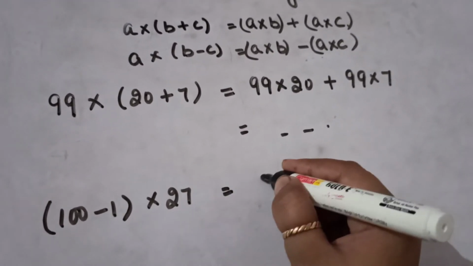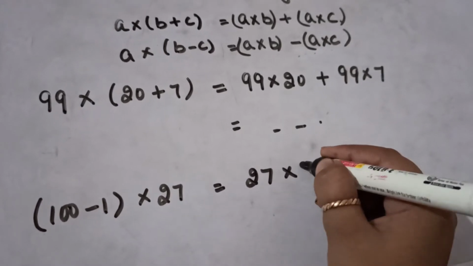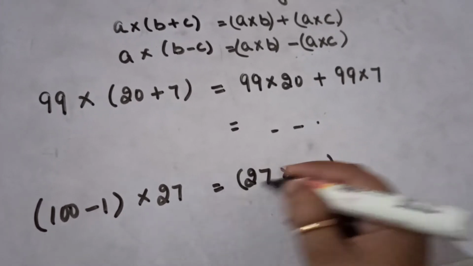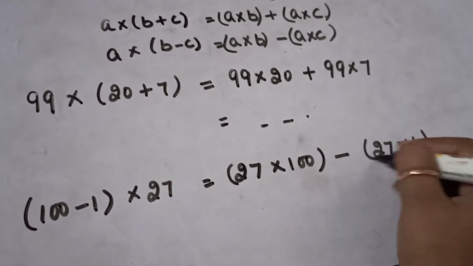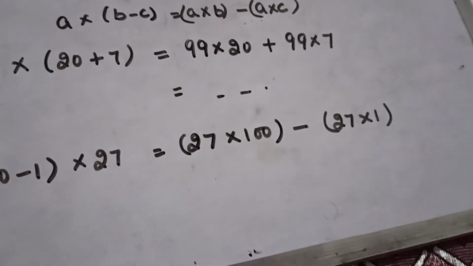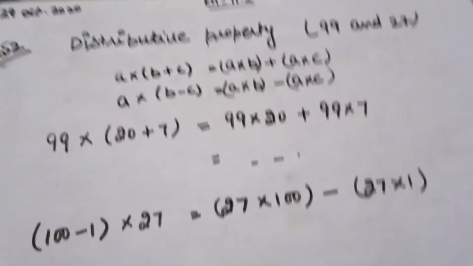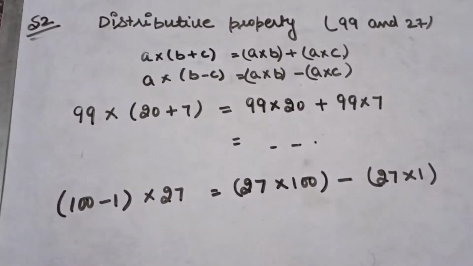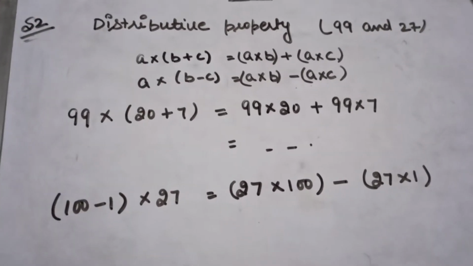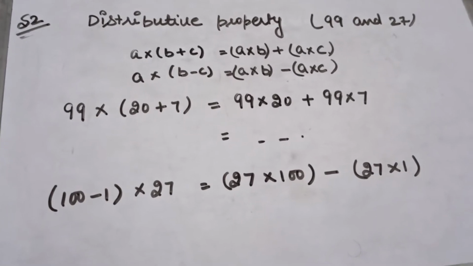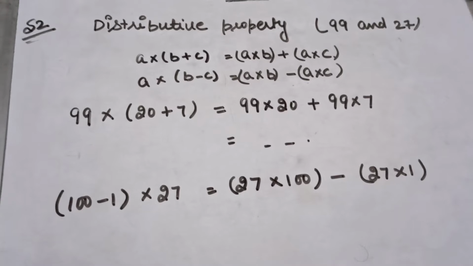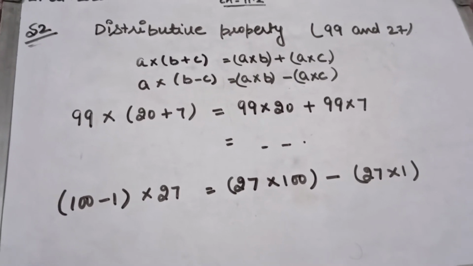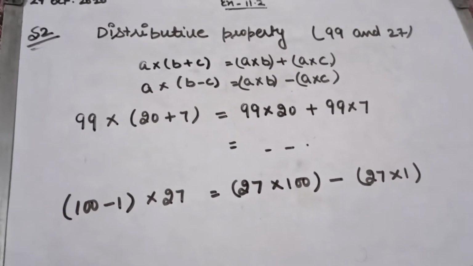So 27 multiply with 100 minus 27 multiply with 1. Right? See, distributive property is the easiest way to multiply the large number with ease. With the help of distributive property, you can easily multiply the large numbers.